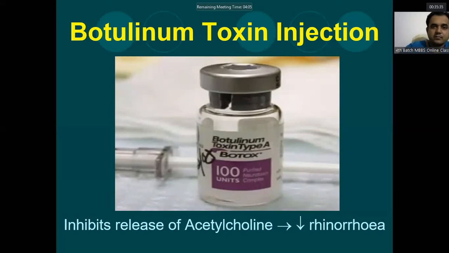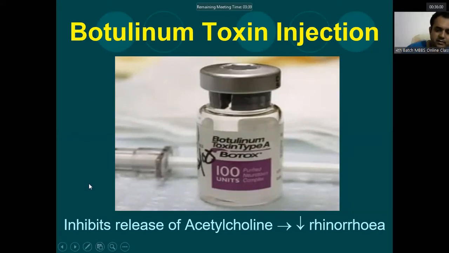And this is botulinum toxin injection. So you Google for it, and there are so many benefits of Botox injection. It is also used in facelifts. You must have heard about the wife of Bill Clinton, Hillary Clinton.